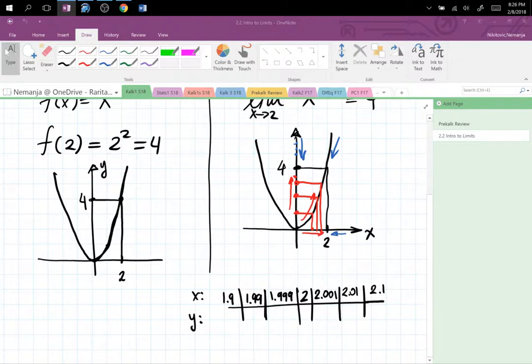1.9 squared is, guys, I'm going to use the red now because this is the red approach. 3.61. 1.99 squared is 3.96. 1.999 squared is 3.996.